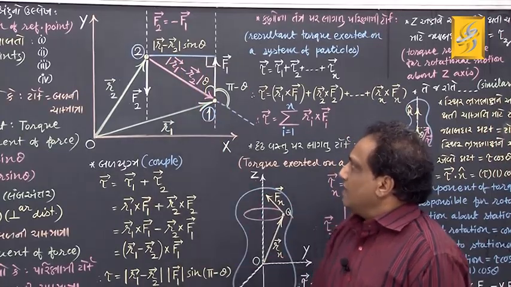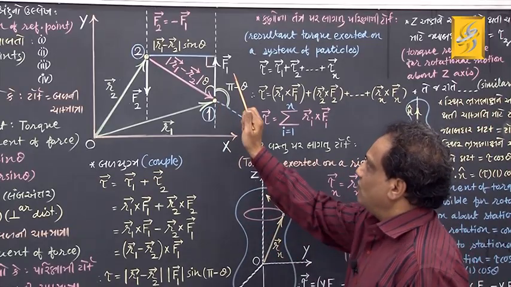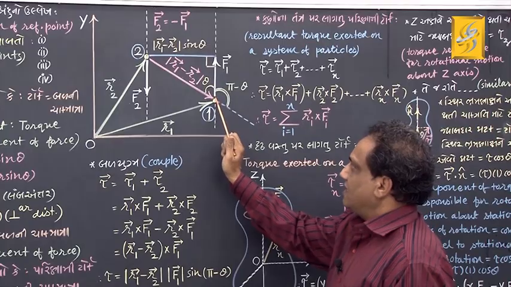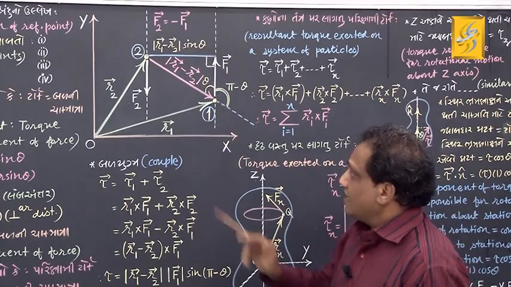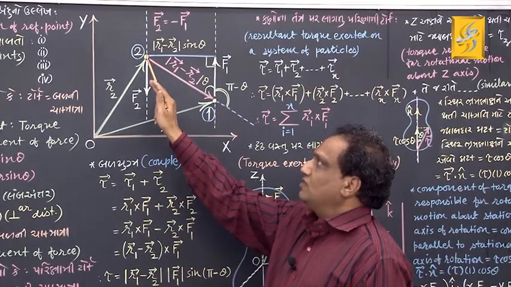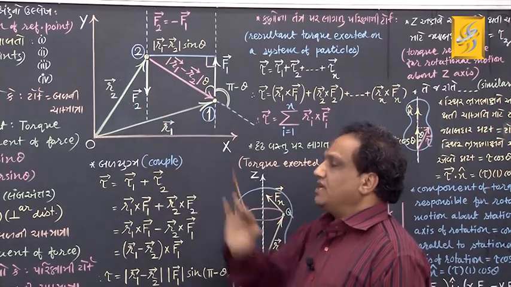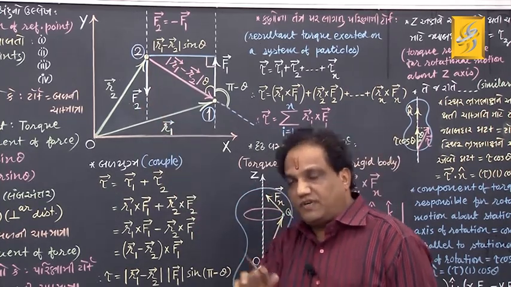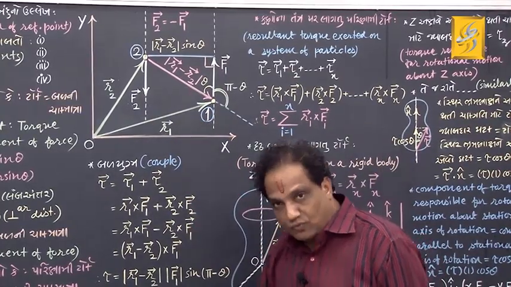Now, on particle number 1, suppose a force is exerted in the vertically upward direction with magnitude say F1, and on the second particle a force is exerted in the vertically downward direction with magnitude say F2. Suppose we take these two magnitudes equal, that is F1 equals F2.